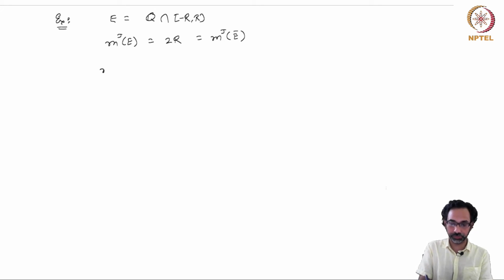Now we will try to compute the Lebesgue outer measure for this set.